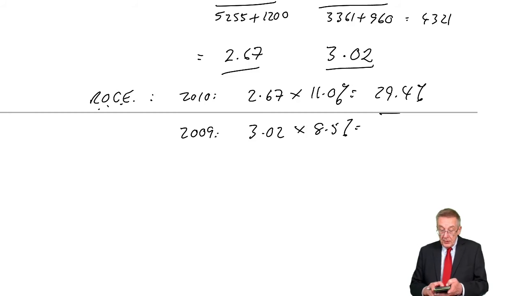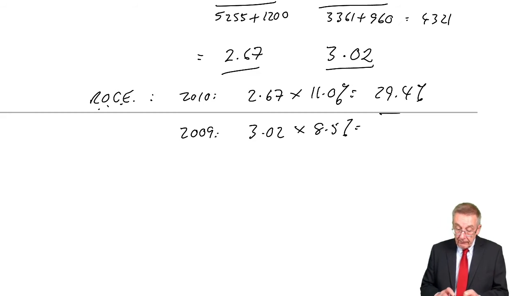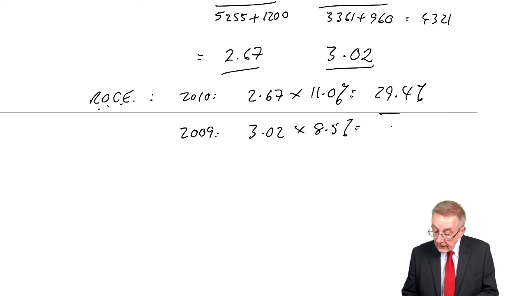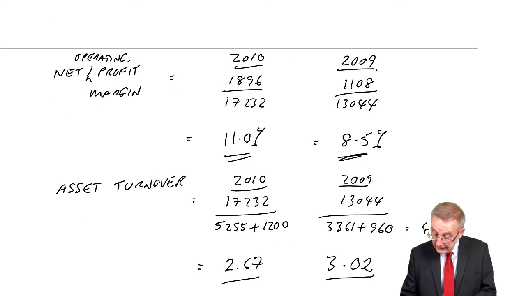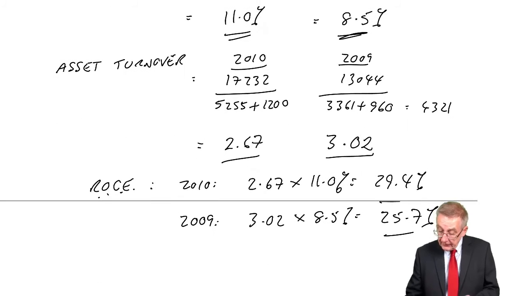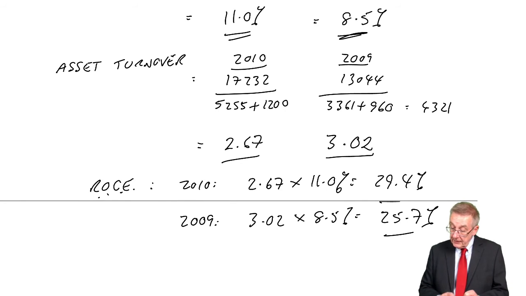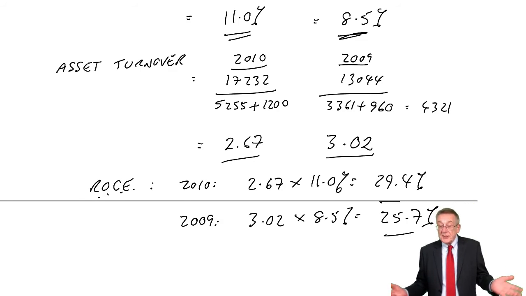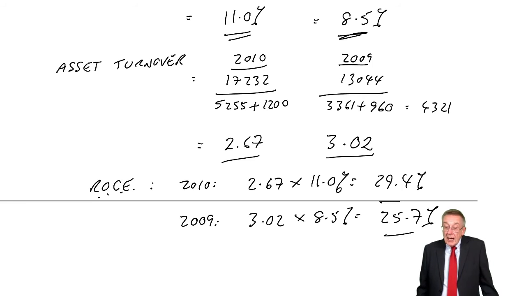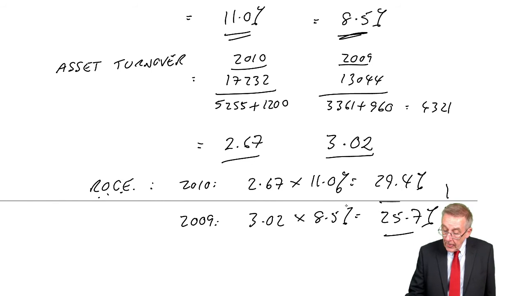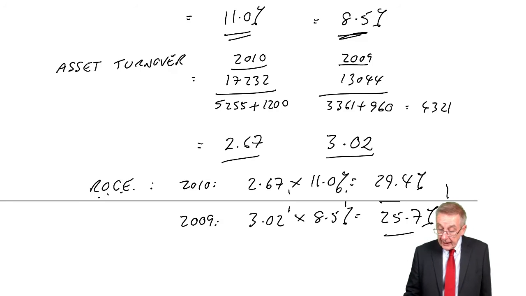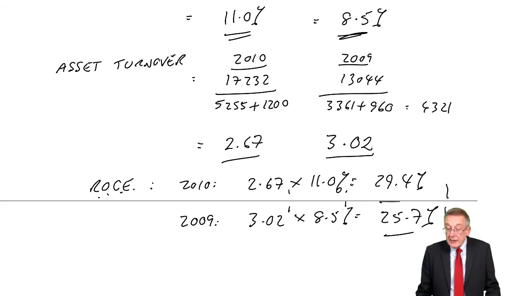The return on capital employed, 25.7%. Is that what I got? 25.6. I think it's just a rounding difference. 3.02 times 8.5. Yeah, it's just a rounding difference. I've kept everything to one decimal place. But fine. It's the two together. So as I was saying, you always want return on capital to increase, but you're looking at increasing the net profit margin, and not here, but in general, you're looking to increase the asset turnover.